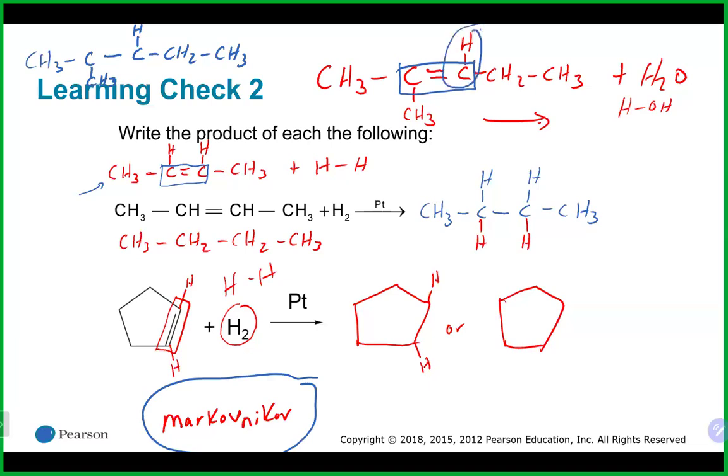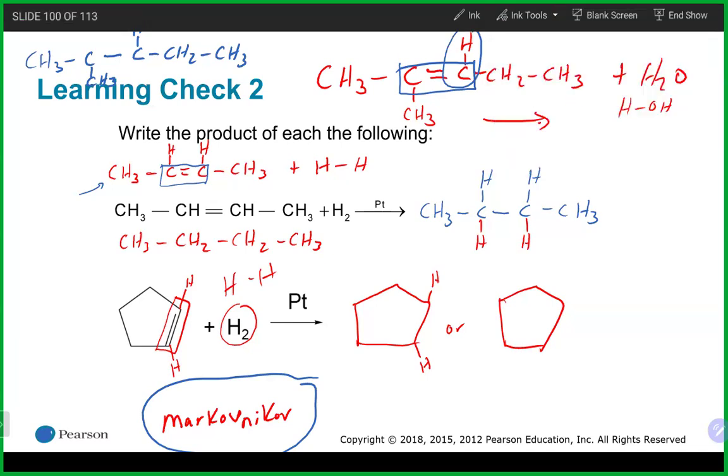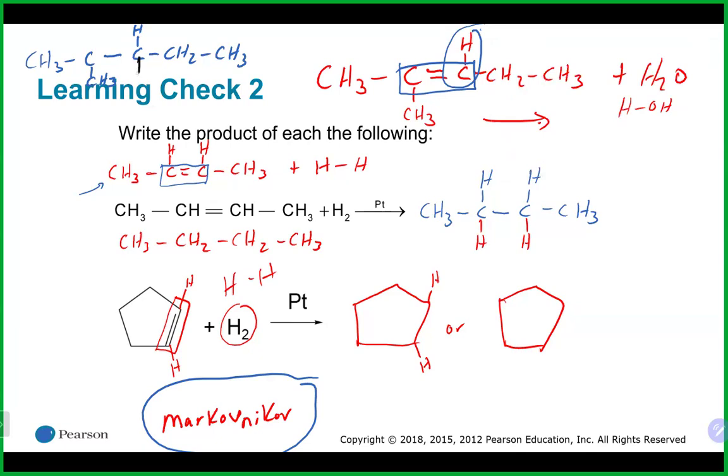It had more hydrogens, so I'll use a different color so we can see it. That is where the hydrogen should add. That means my OH should be over here as well. And that would give us our major product in this case. Any questions on that? I think I did not bad. I think I forgot the V there originally, but what can you do. Any questions on that there?